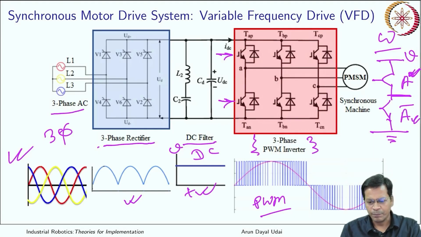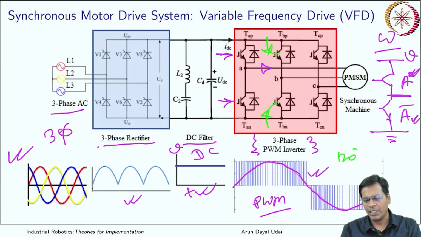You can get a sinusoidal kind of current, so this wire gets a signal which is something like this. Effectively the second one over here will see a signal which is phase shifted by 120 degrees. It will start from here, go like this, and follow something like this.